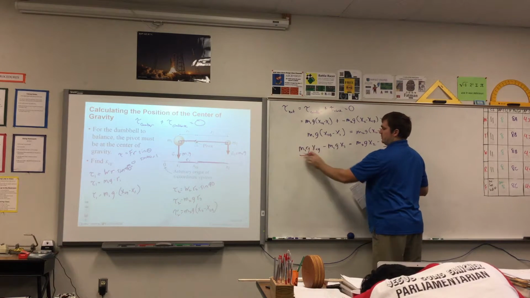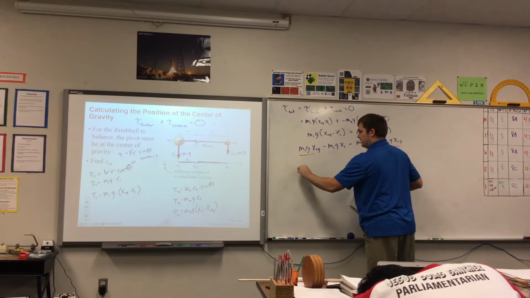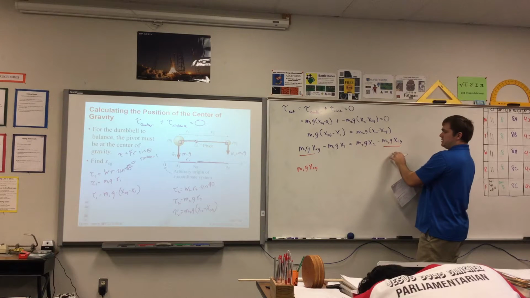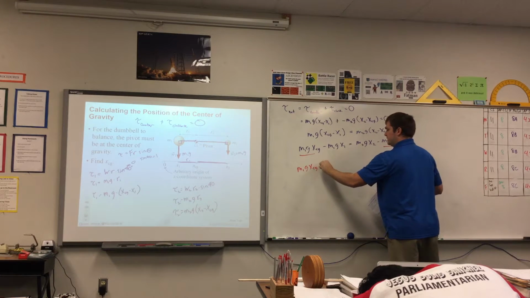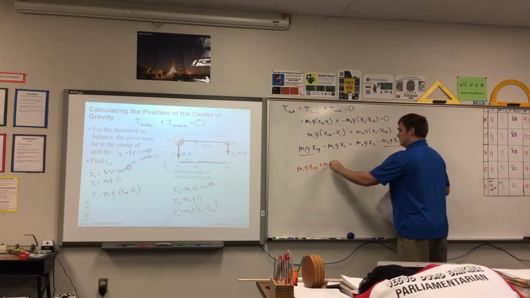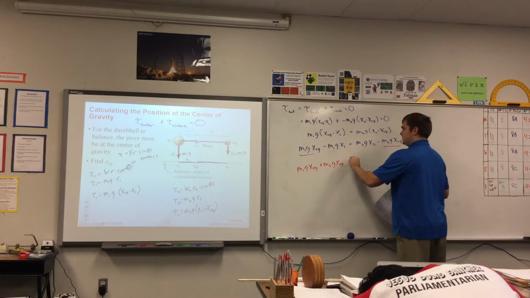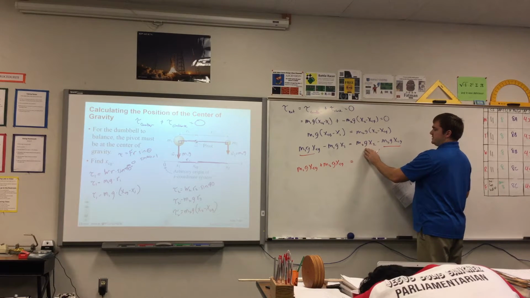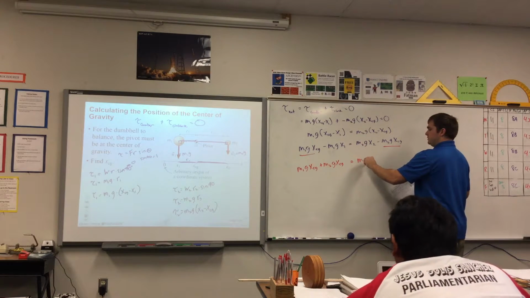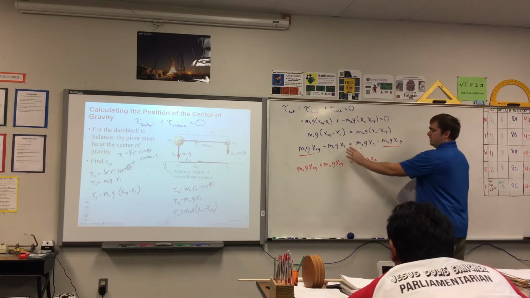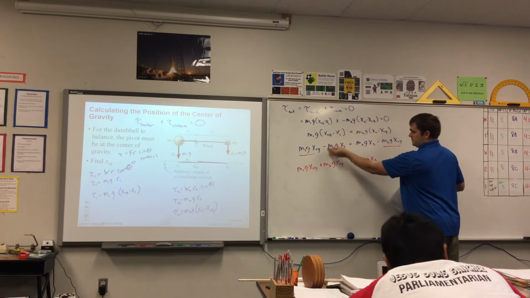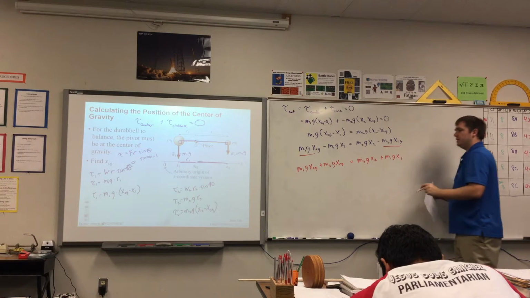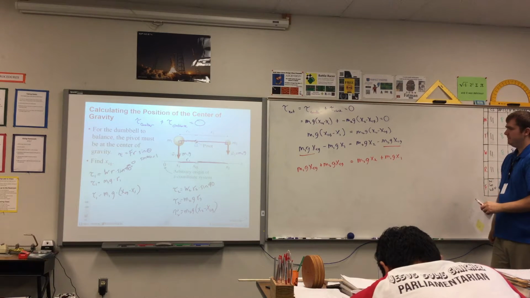This item right here, I'll just leave as is. M1G XCG. I'm going to add this to both sides, so I have plus M2G XCG equals, this one stays as is, M2G X2, and I'm going to add this to both sides to bring it over here, plus M1G X1, almost finished.